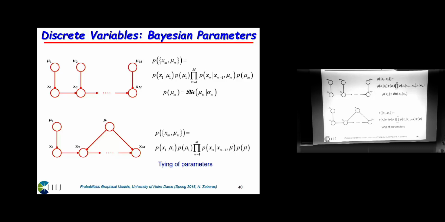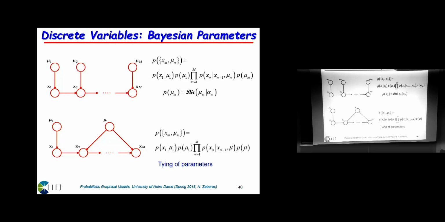Look at this. You remember the general decomposition or factorization of the distribution over a directed graph. Looking at this graph, the distribution implied directly is the following: p of mu1, p of x1 given mu1, its parent, and then the product of the distributions of x2 given x1 and mu2, x3 given x2 and mu3, etc. But also the product of p of mu2, p of mu3, p of mu_m.